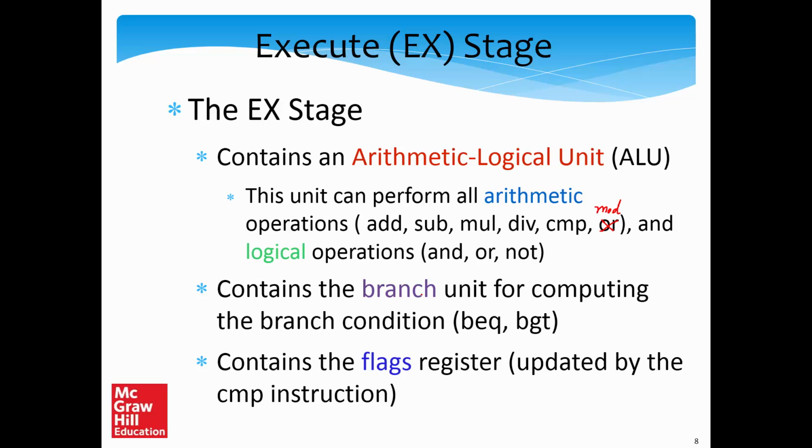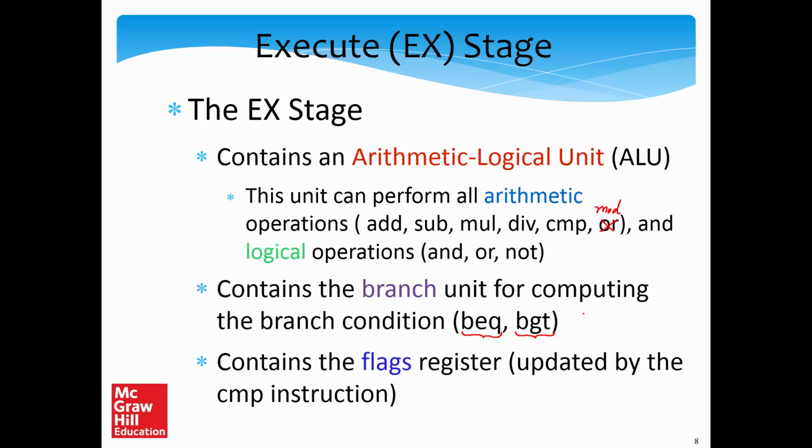The execute stage also contains the branch unit for computing the branch condition. If you recall, we have 2 conditional branch instructions in simple RISC called BEQ and BGT. BEQ means branch if equal, and BGT means branch if greater than.